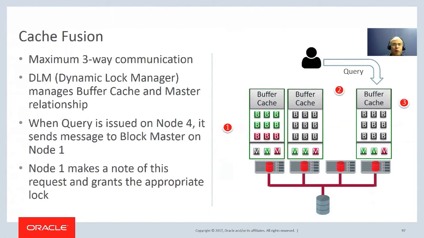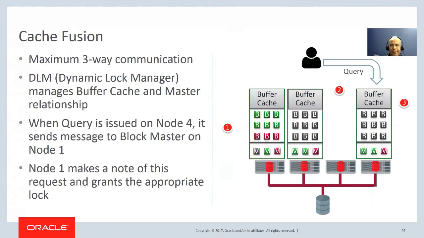There is this component called DLM, because somebody asked me that. What is a DLM? At a very high level, I've just put it there. Again, it's an internal concept. It manages the buffer cache and master relationship. So when there is a need for a block, or a need to grant the user permission to change that block, what we call a grant, it takes care of all that.